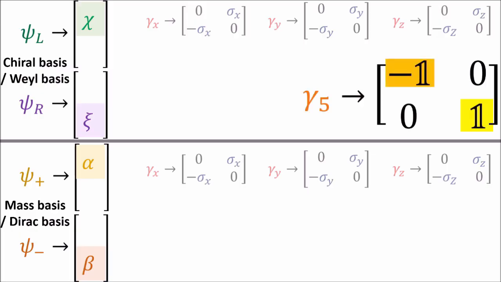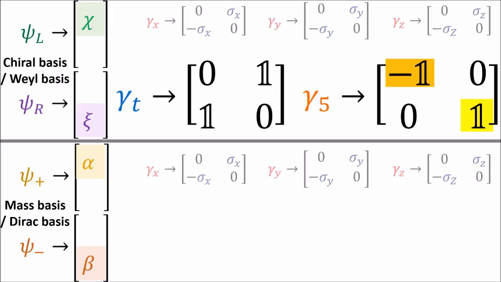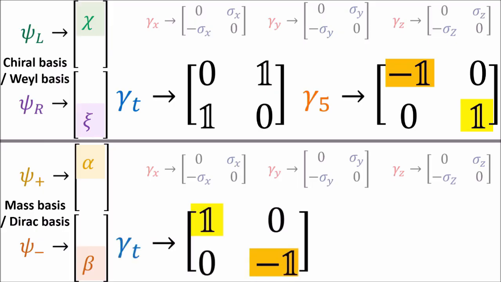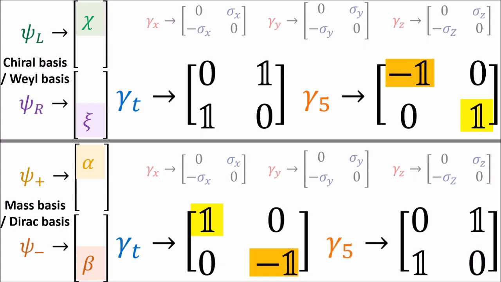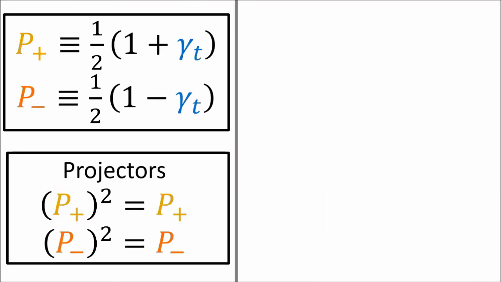We can see in the chiral basis, gamma 5 gives eigenvalues for the top and bottom halves of the Dirac spinor, which are the left and right halves, and gamma t swaps them. But in the mass basis, gamma t gives obvious eigenvalues for the top and bottom halves of the Dirac spinor, these are the plus and minus halves in the new basis, and gamma 5 swaps them.